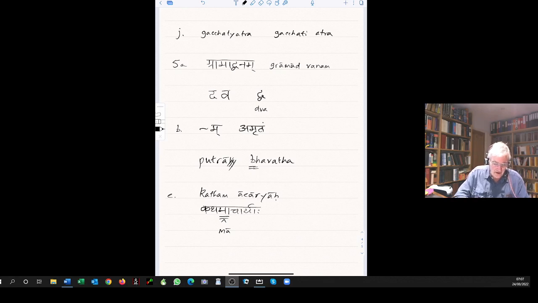So, sentence F. Shastreshu satyam pashyamiti Ramo vadati. So Ramo, I'll say this with sandhi now. Ramo vadati. Rama says. So Rama says something that you're quoting. So it's something iti Ramo vadati. So shastreshu, in the shastras, in the scriptures, satyam pashyami. Satyam, the truth, pashyami, I see.